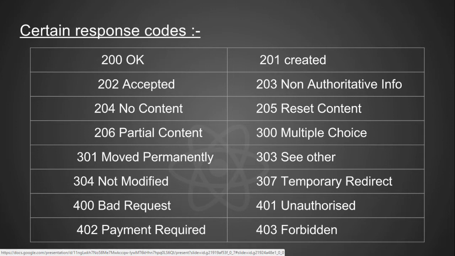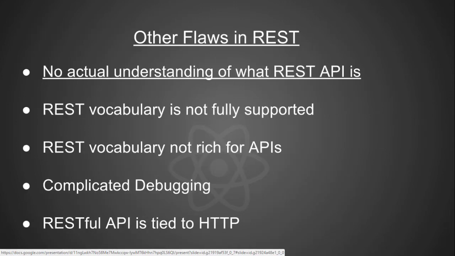So that means the vocabulary is not fully supported, because PUT and DELETE are not understood by most of the browsers. Different browsers understand codes differently. For example, if 303 is received, one browser may ignore it and another may cancel it.